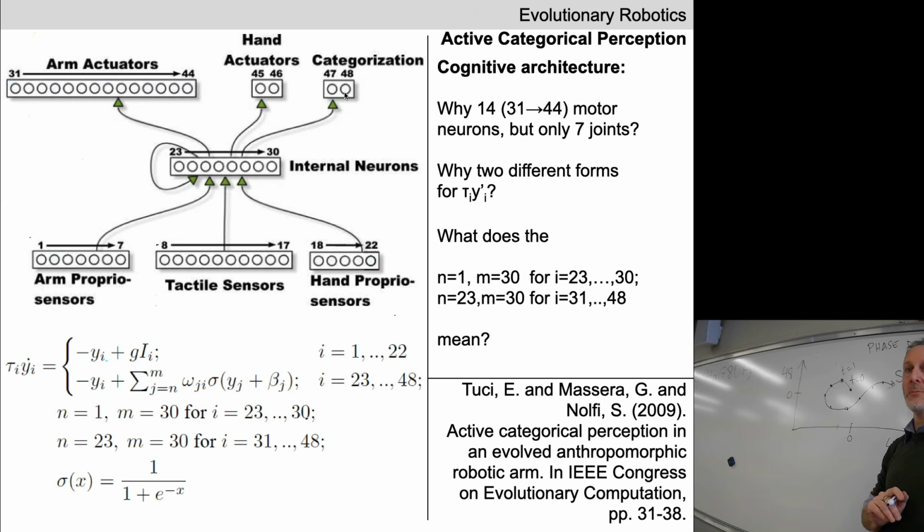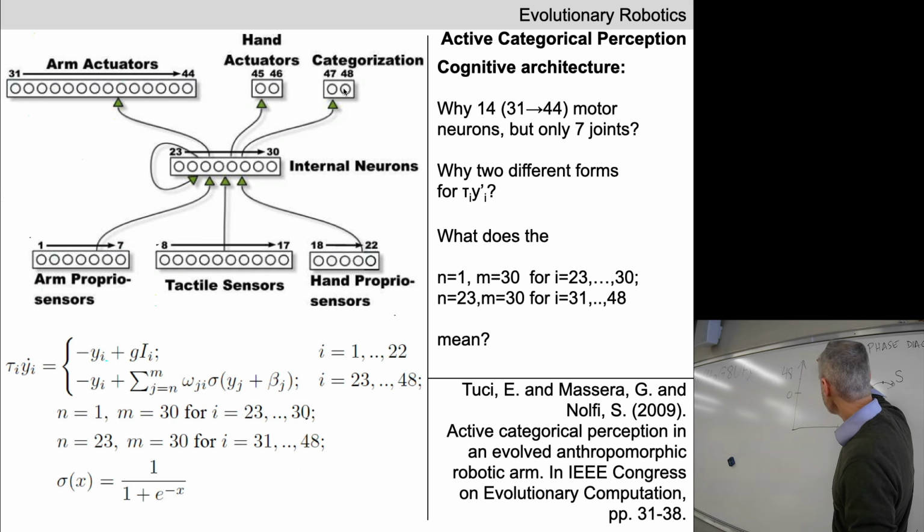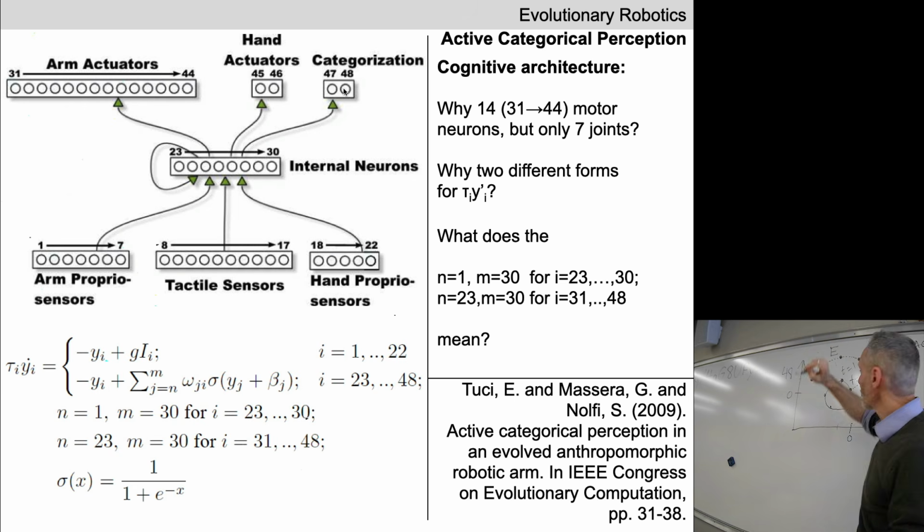It doesn't know that the object has changed, but we start the simulation again, and again the neurons start at 0, 0, but now in the presence of a different object, which generates a different perception, which causes the hidden neurons to have new values, which causes 47 and 48 to have different values, and we get a different trajectory. This is the trajectory that's produced by the robot when it's in the presence of the ellipsoid.